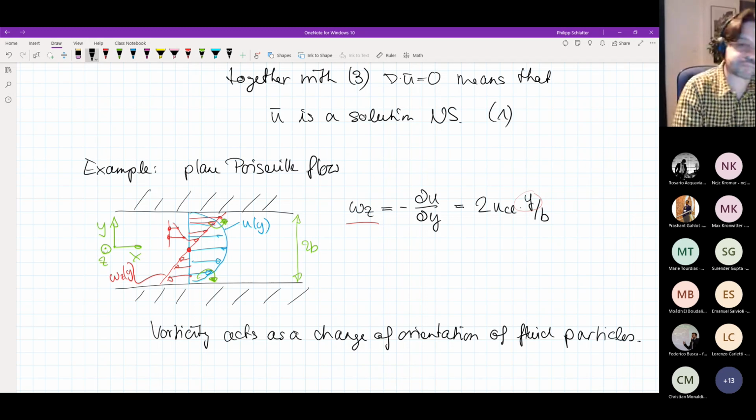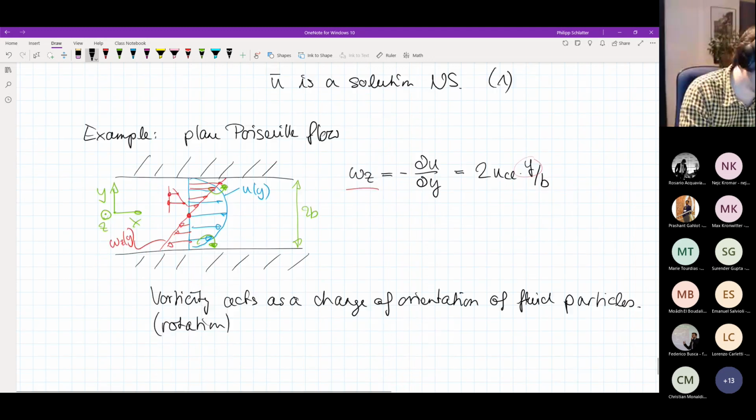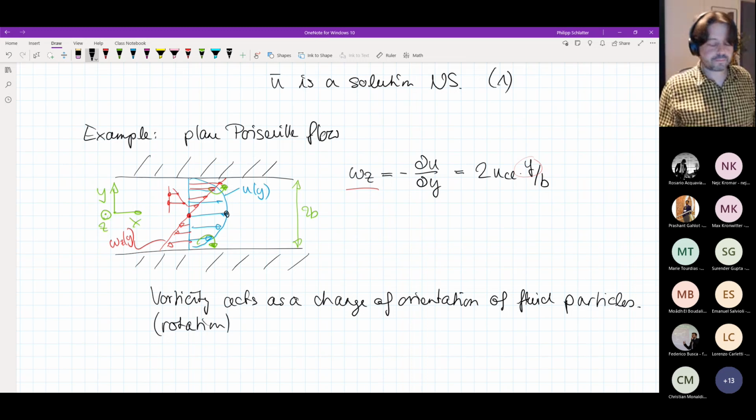That corresponds essentially to a rotation that these particles do. And of course, that also means that in the center of the channel, in this place here, the vorticity is actually 0. And at those places, there is no rotation present for these particles. So nothing is happening there.